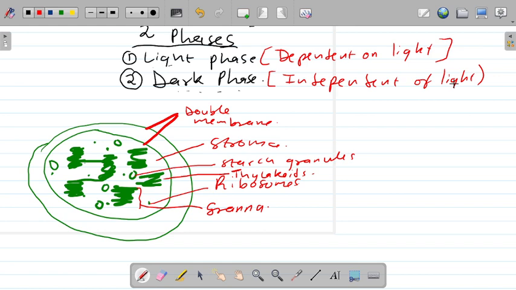It does not require light for it to happen. So first is the light phase, and secondly is the dark phase. All of these happen where? Inside your chloroplast.